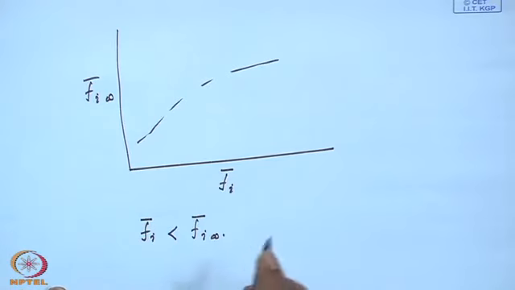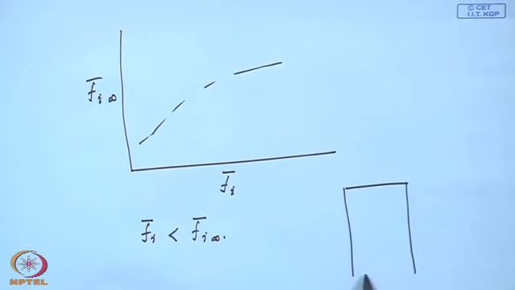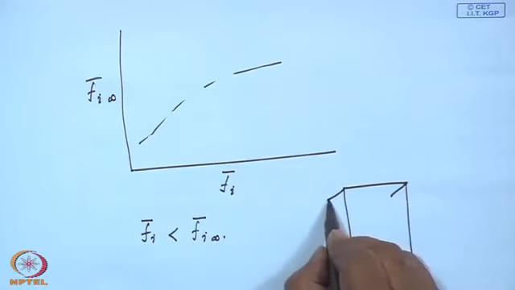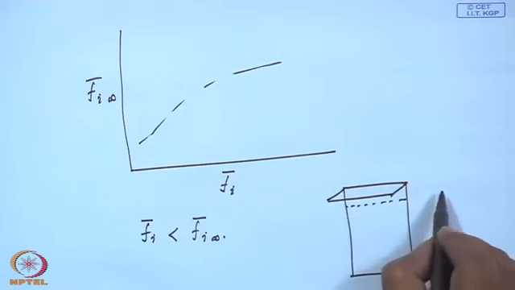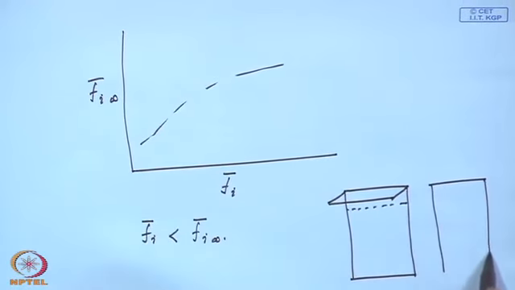When the projection is infinitely long, it is a complete rectangle, so it may be rectangular or it may not be rectangular as shown over here.